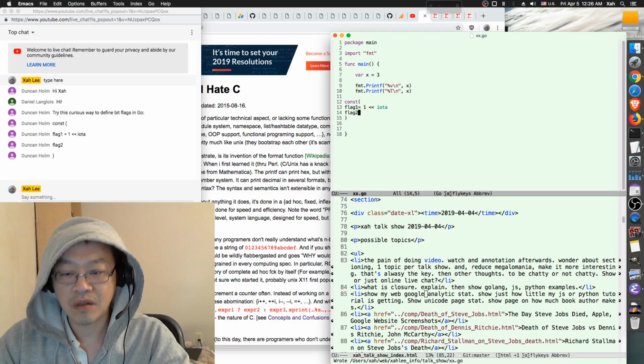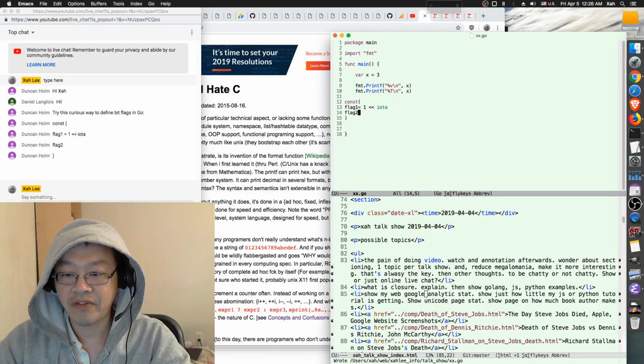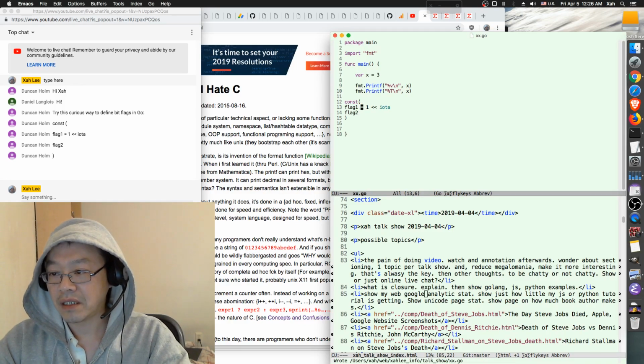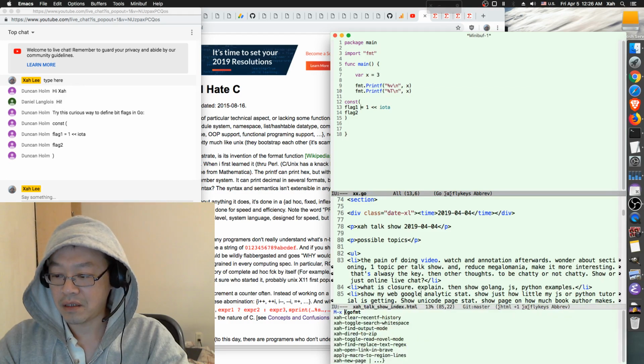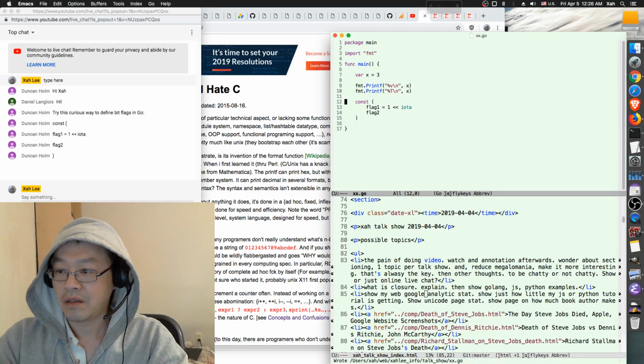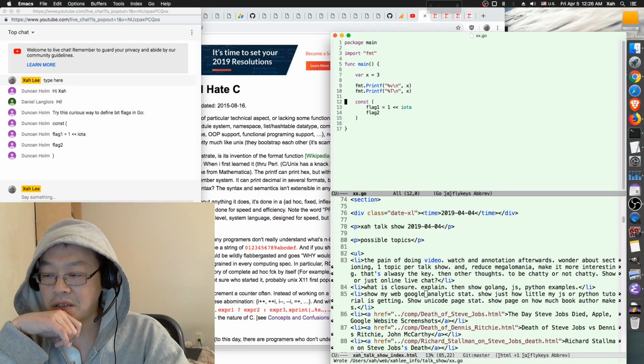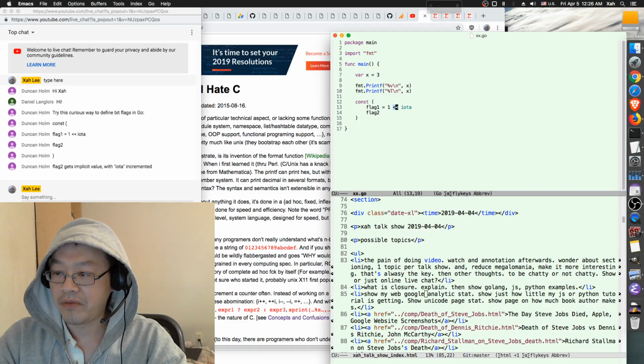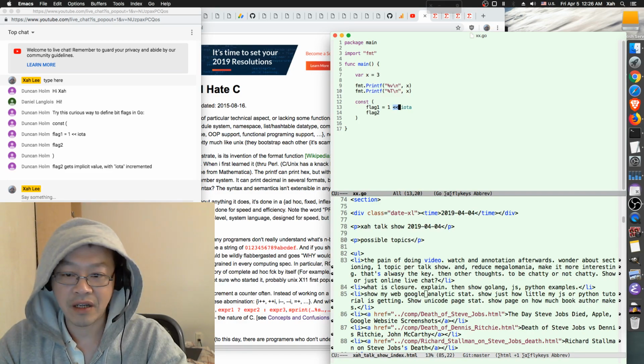I don't use Go. So you define two constants, flag 1 and flag 2, and this is some kind of bit operator, shift left, I think.